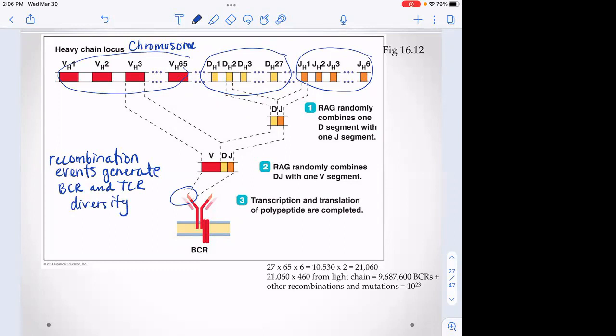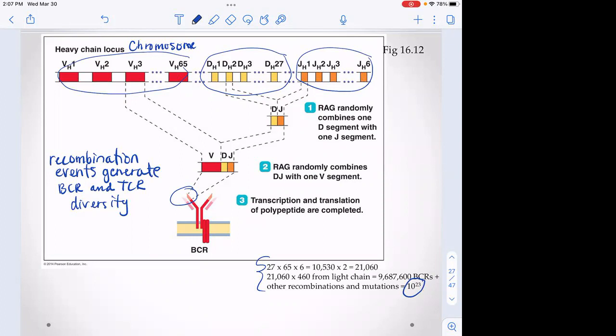With these different recombination events happening on the heavy chain as well as the light chain, and with 2 different alleles, they estimate that we have maybe 10 to the 23rd different possible B cell receptors.